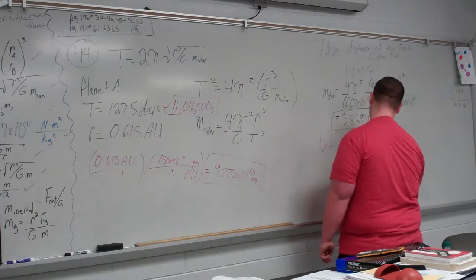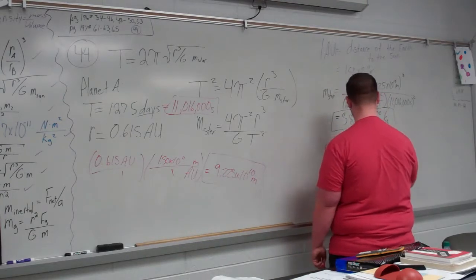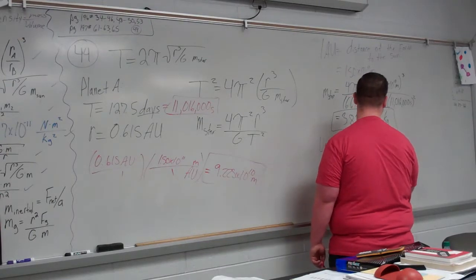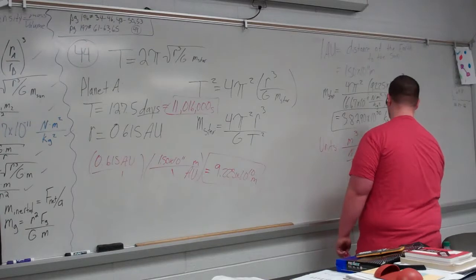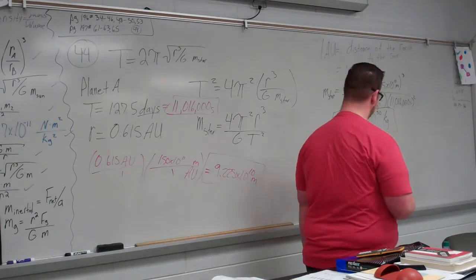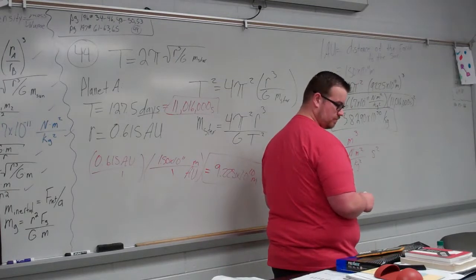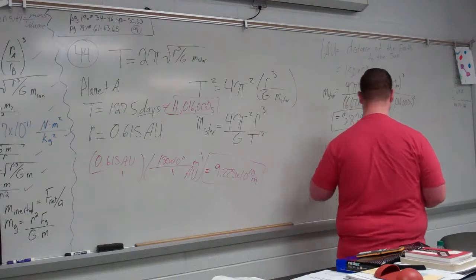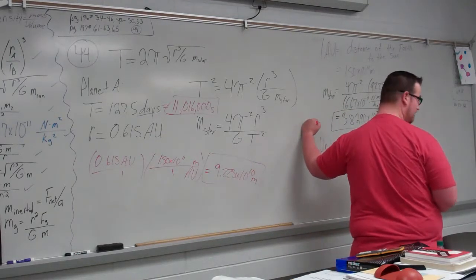They're divided by this newton times meter squared all over kilogram squared times second squared, because this is where I get the second squared from.